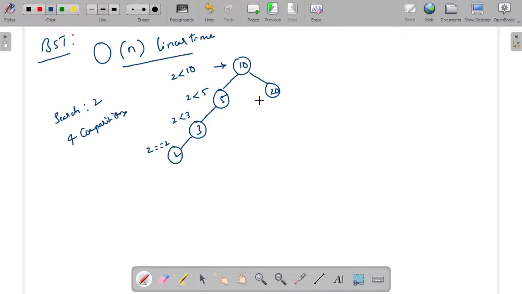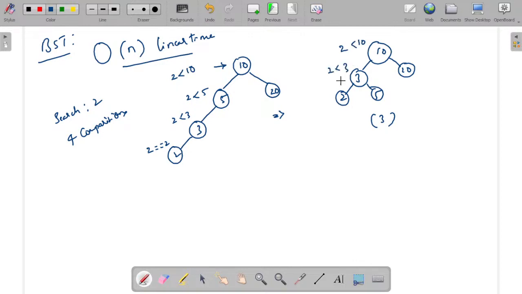So let us say we have converted this into an AVL tree now. After you convert this into an AVL tree, the tree structure is going to change into something like this. Here, the number of comparisons is only 3. First we compare 2 and 10, then 2 and 3, and then 2 and 2.